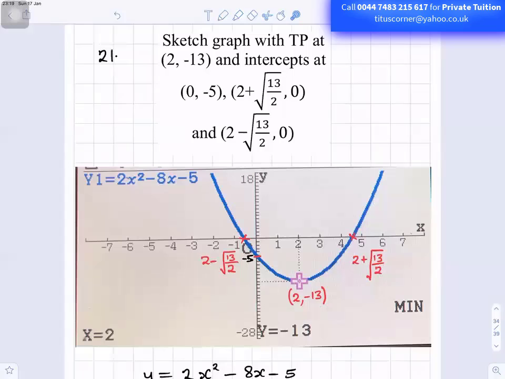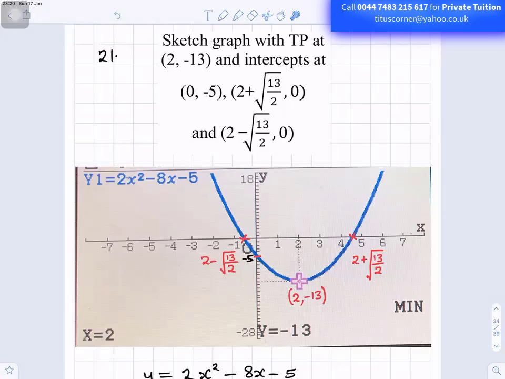So this is the information we use for drawing the graph. The turning point, (2, -13). Intercept on the y-axis, (0, -5). Intercepts on the x-axis, (2 plus root 13 over 2, 0) and (2 minus root 13 over 2, 0). So it's a U shape. It crosses the y-axis at (0, -5).